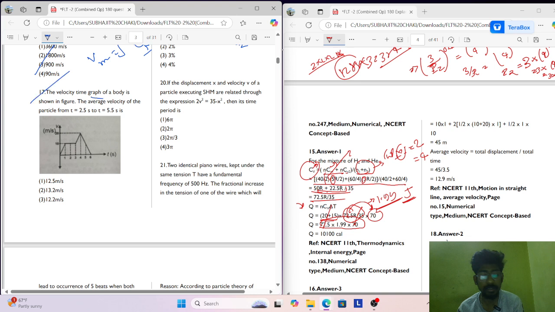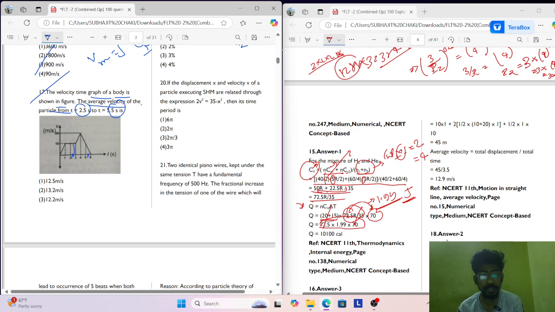17. The graph of a body is shown in the figure. The average velocity of the particle from 2.5 to 5.5. 2.5 is here, 5.5 is here.